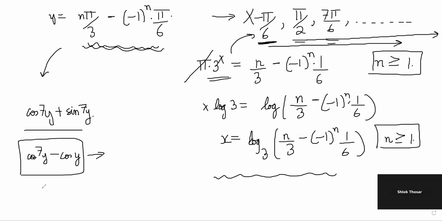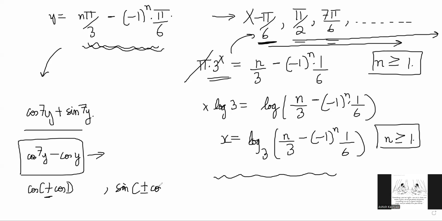Do you understand what I'm saying? Yes, no formula. You have formulas for cos C plus cos D, cos C minus cos D, sin C plus sin D. Why will I combine two different ratios? I will combine ratios of the same type, or I will combine cos with sin.